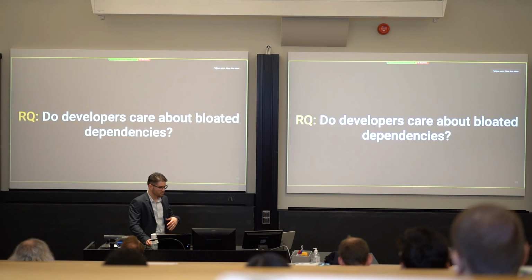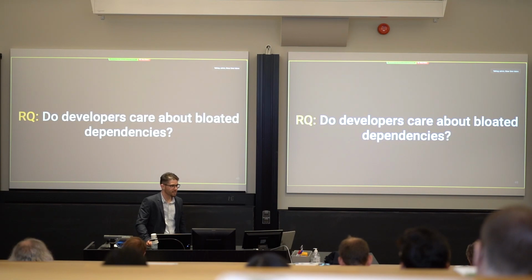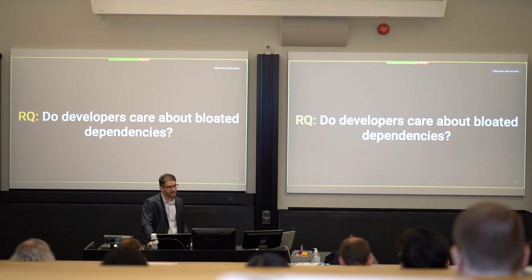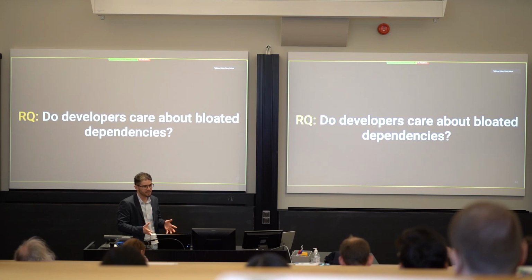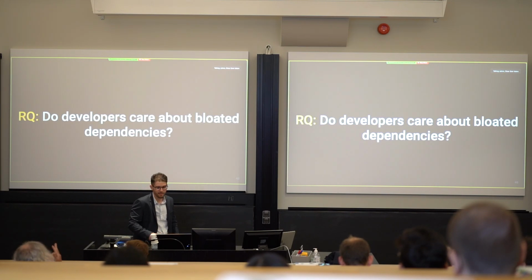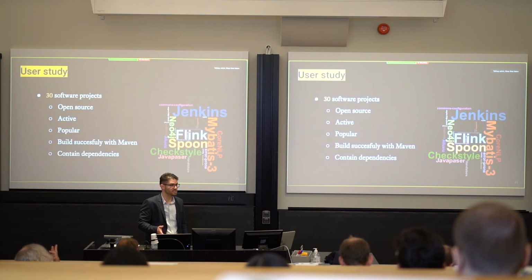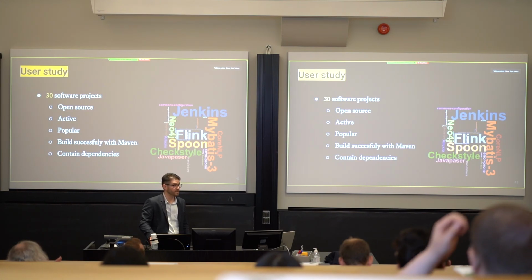So now that we know that bloat exists, that it's something that has a scale, the question is, do developers care about having bloated dependencies in their projects? In order to answer this question, we performed a user study on 30 software projects, very popular in the Java ecosystem.